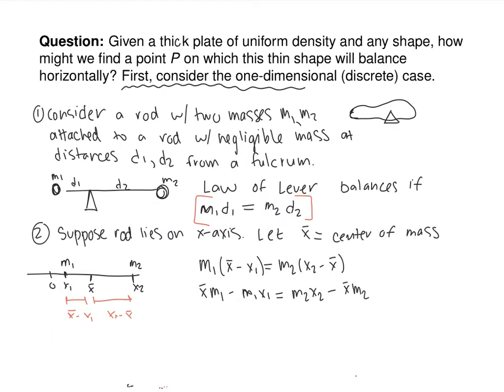Now put the x bars all on the same side: x bar m1 plus x bar m2 equals m1 x1 plus m2 x2. Factor out the x bar, and divide by m1 plus m2.